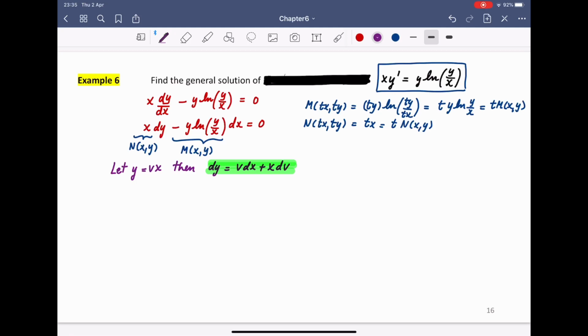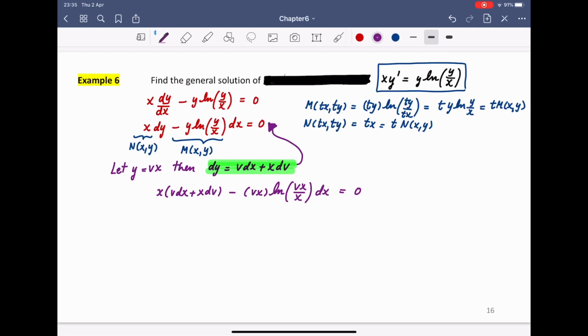So what I'm going to get is x times (v dx plus x dv) minus vx multiplied by log of vx over x, and then dx equal to 0.